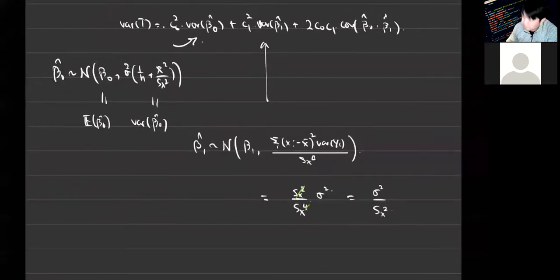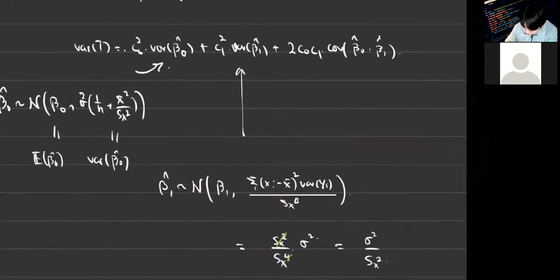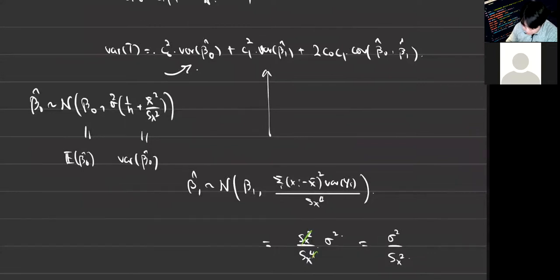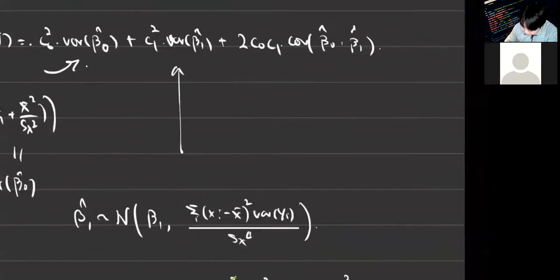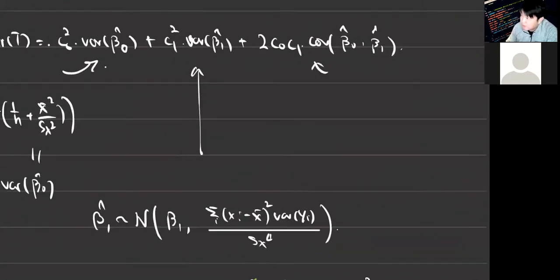Make sense? Now, the last piece is the covariance term. It's rather simple: x bar sigma squared over sx squared, all right?